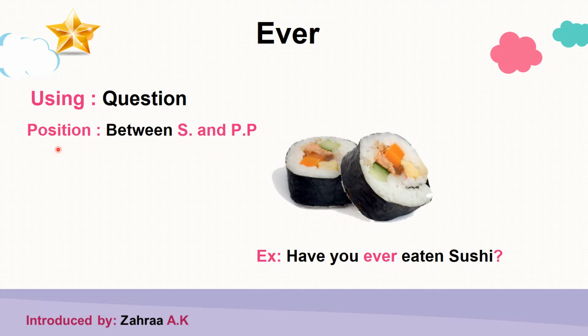Position: it is between the subject and the past participle, يكون موقعه ما بين الفاعل والتصريف الثالث للفعل، باعتبار راح نستخدمه بالquestion.